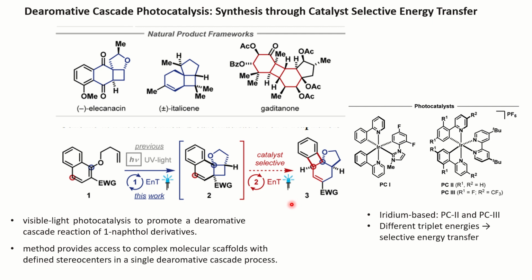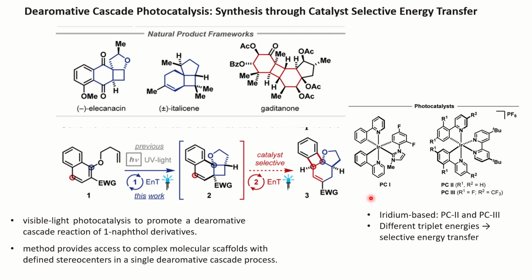Cool. So they have employed this one naphthol derivatives for the selective energy transfer. So here you can see this energy transfer is being done by the photocatalyst, and what really it does in the beginning is do the 2 plus 2 cycloaddition, and then another energy transfer happens, and that is the catalyst turnover.